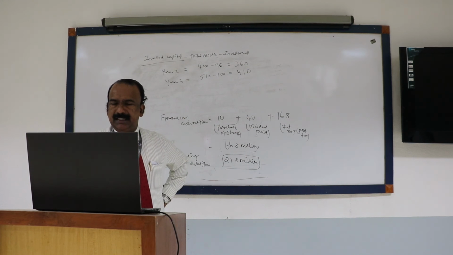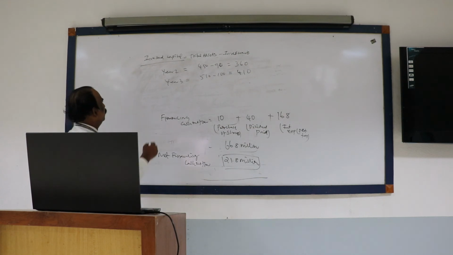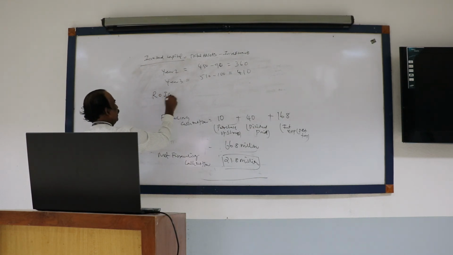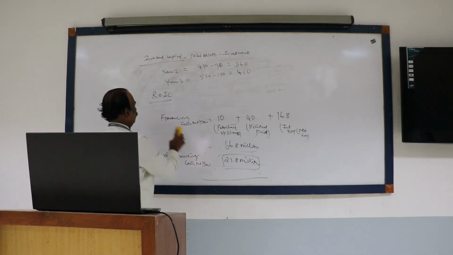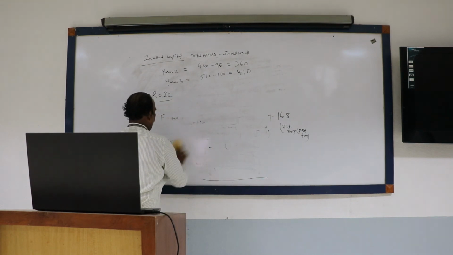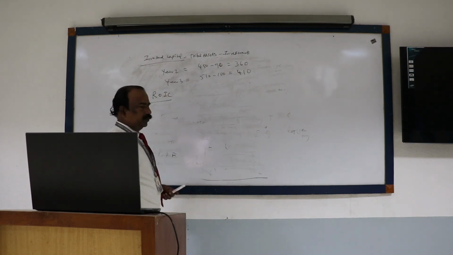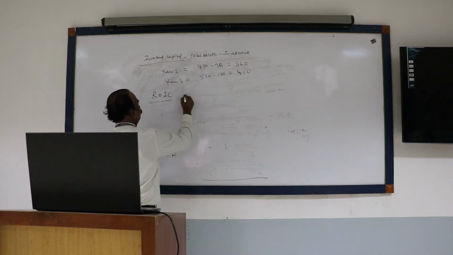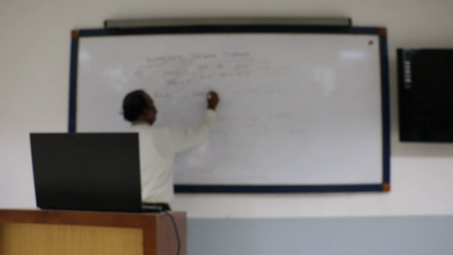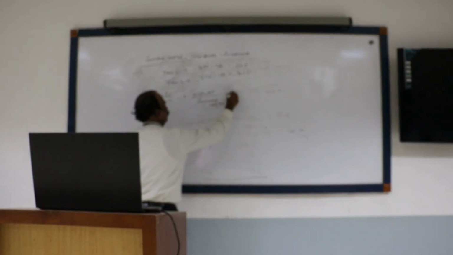Then we have to calculate ROIC, return on invested capital, that is NOPAT divided by invested capital into 100.